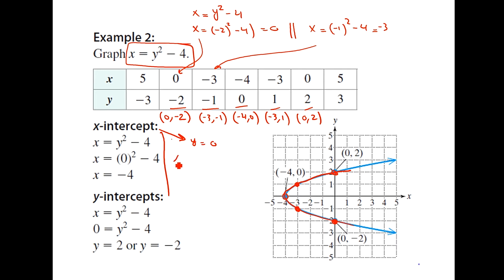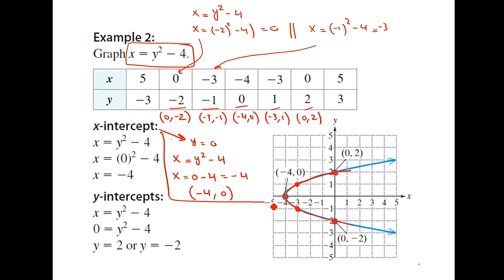So we have the equation x equals y squared minus 4. Directly put y equals 0. So x equals 0 minus 4. We have minus 4. So the point is minus 4 and 0. This is the x-intercept.